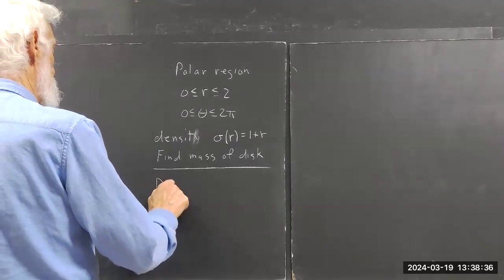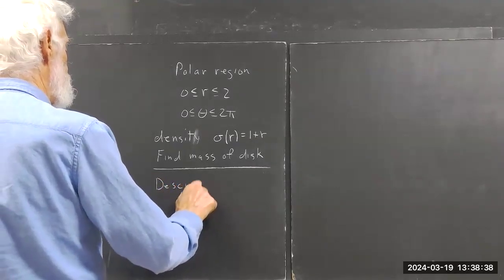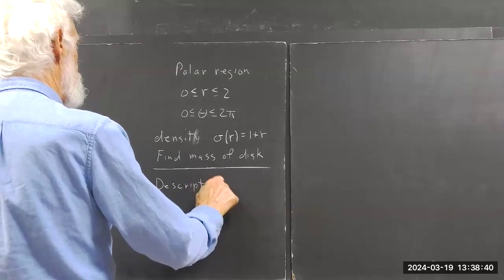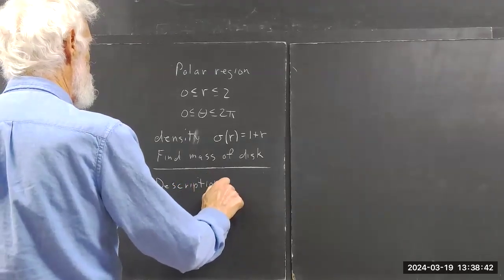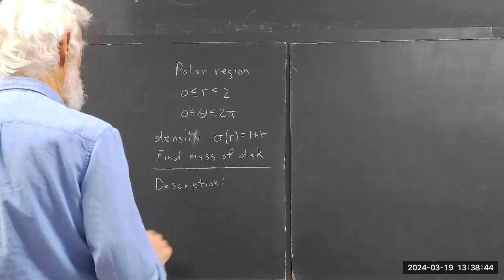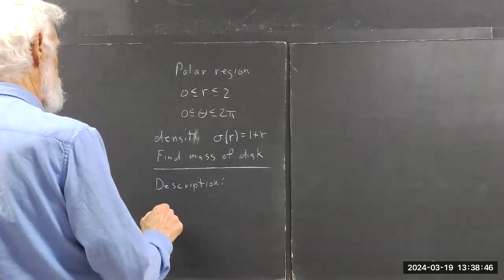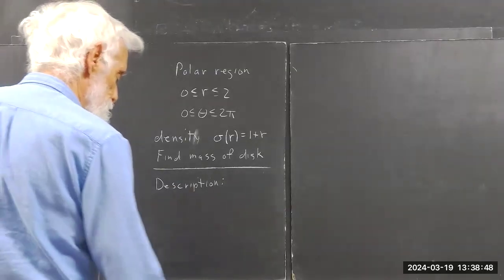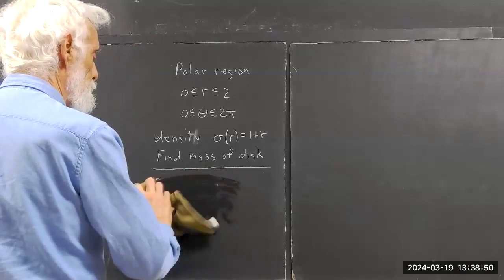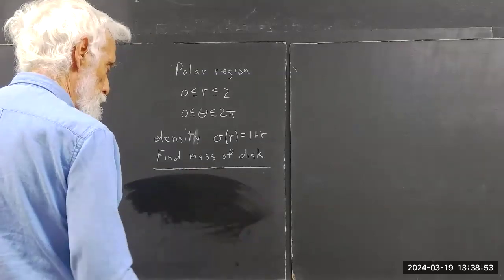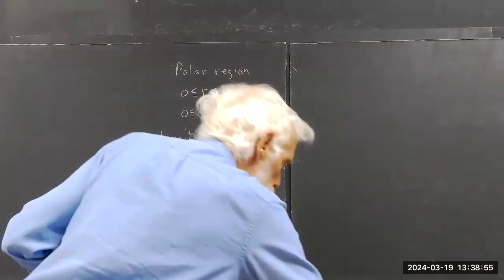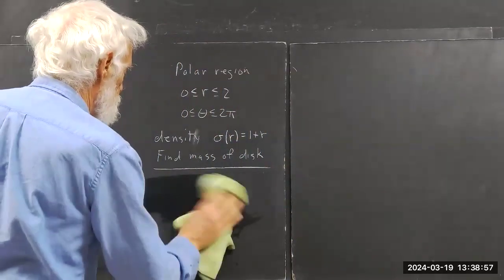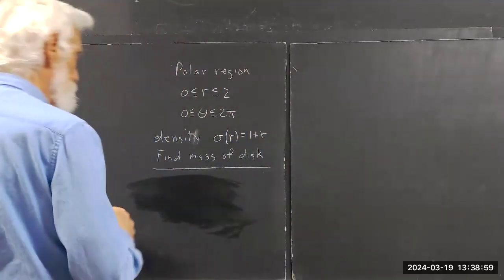So we find the mass of the disk. Describe the region. We've got our description pretty much. Actually, we don't. No. It's obvious.